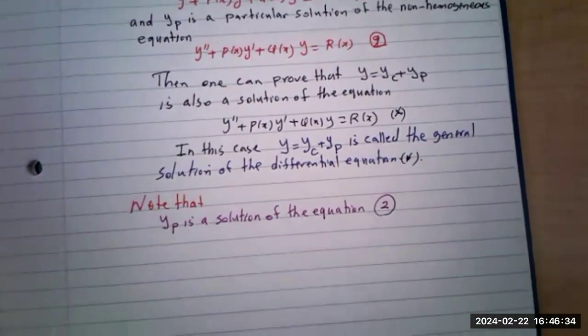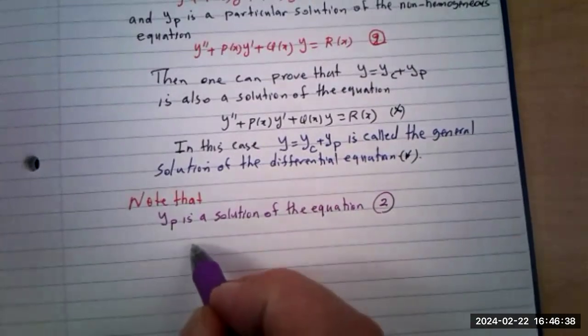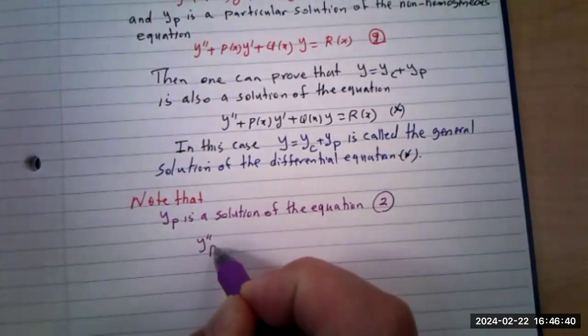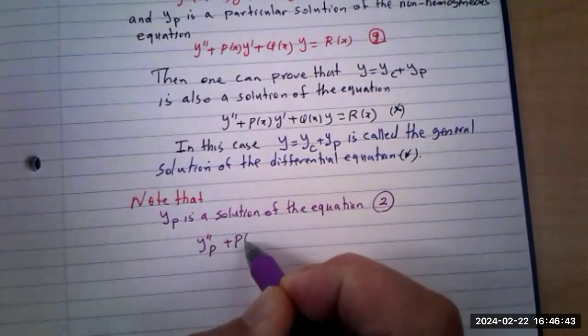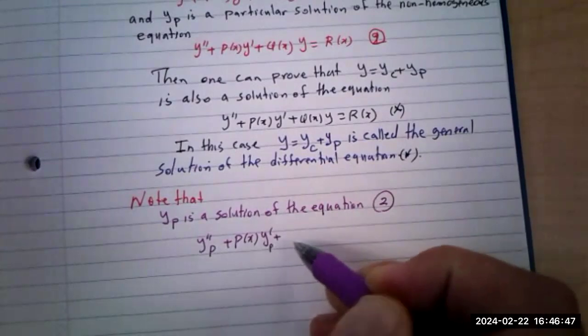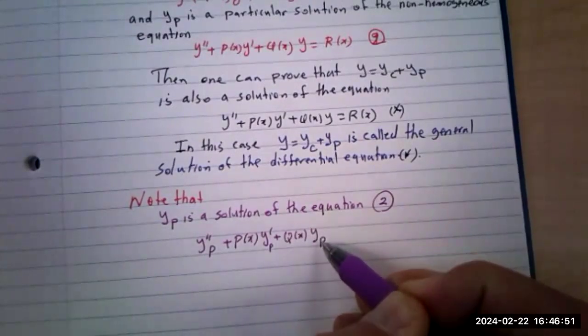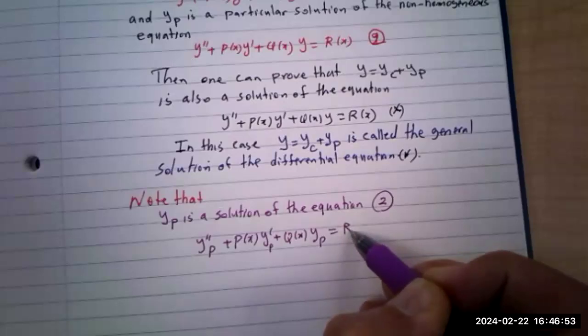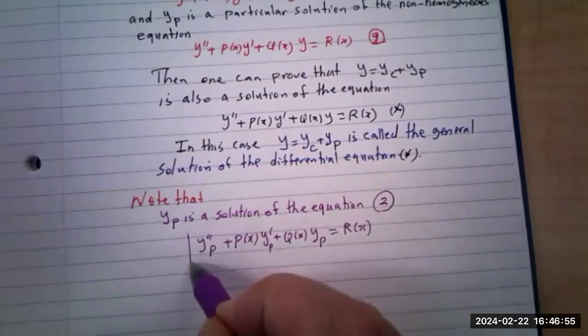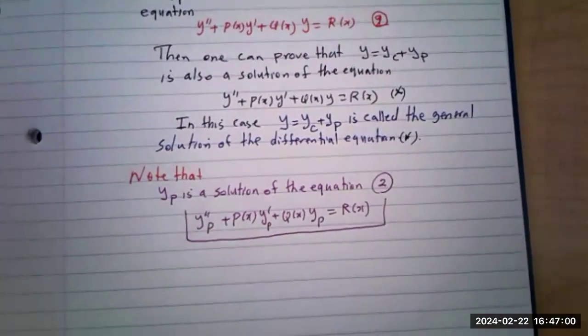So it should satisfy the equation. Plug it into equation number 2. You are going to have y double prime of p plus p of x times y prime of p plus q of x times y of p is equal to r of x. This is because yp is the solution of this equation.